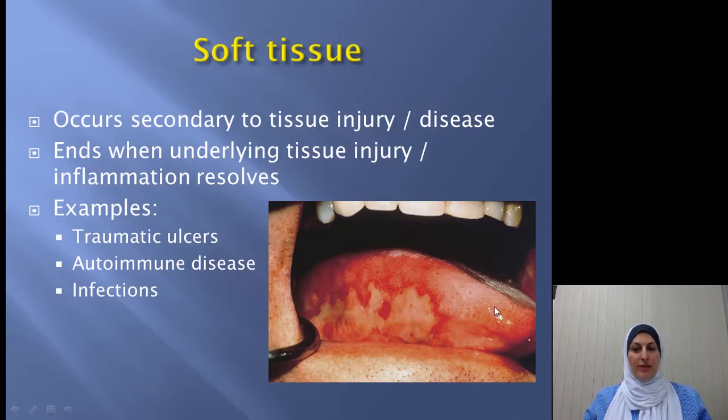So soft tissue involvement in the tongue, the buccal mucosa, and the floor of the mouth can all be seen and detected clinically, and it will heal when the lesion disappears. When the ulcer heals, that's it. There's no pain. Examples include traumatic ulcer, which is the most common cause of ulcers in the oral cavity, autoimmune diseases like pemphigus and pemphigoid, or infections.